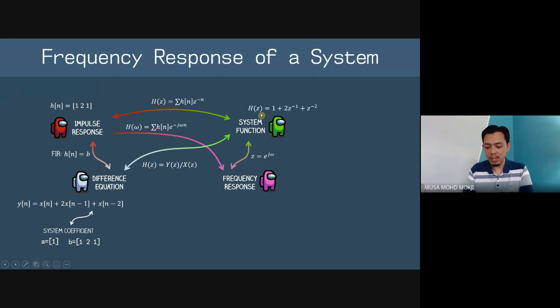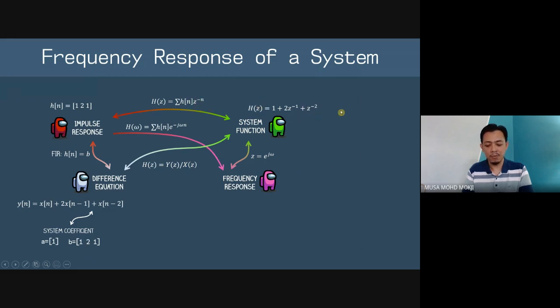And this is H(z), also very straightforward. How do you get this? You can refer to the Z transform table. Because we have 1, 2, 1, you have 1, 2 z to the power of minus 1, because delayed by 1, and this is delayed by 2, z to the power of minus 2.